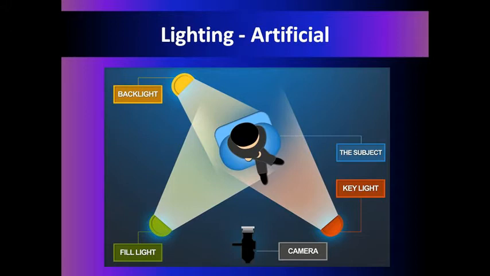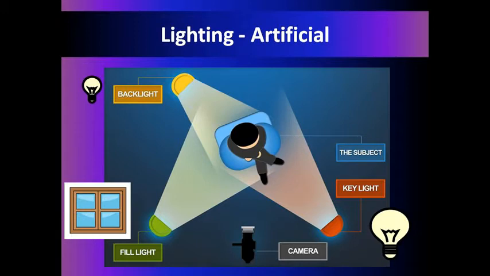As I told you, friends, this is the professional setup. Most videographers and cinematographers use this kind of lighting. What can we do, let us see. In place of the key light, we can keep a bulb, a powerful light. On the fill side, if you have open windows getting a good amount of light, you can use the window light as the fill light.